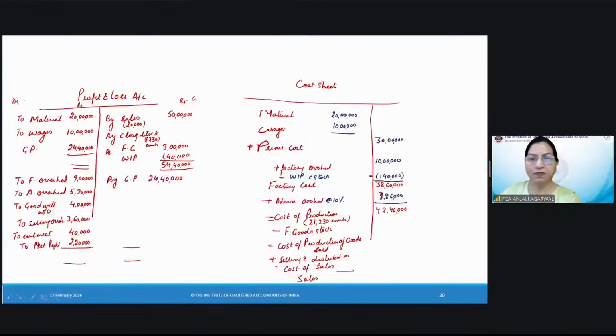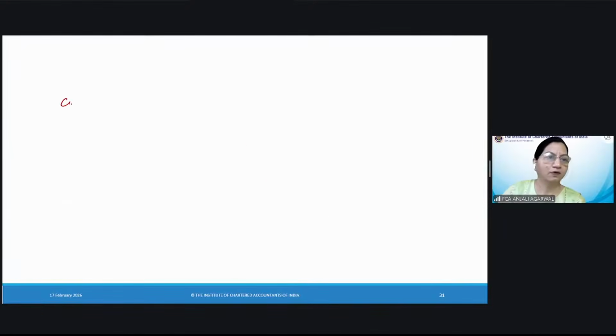So we'll prepare a working note: cost of production per unit. Forty-two lakhs 46,000 divided by 21,230 units. So the cost of production per unit is 200 rupees per unit.